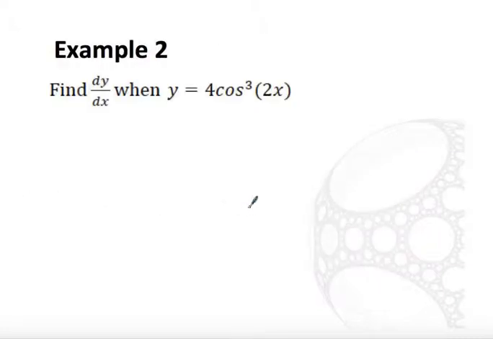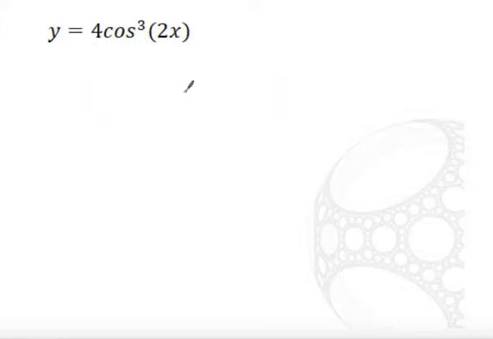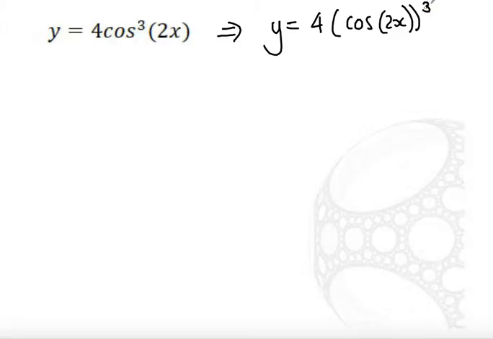We're asked here to find dy by dx when y equals 4 cos cubed 2x. If I rewrite this, it's a little bit easier to see what we're saying here. I have 4 cos of 2x, cubed.